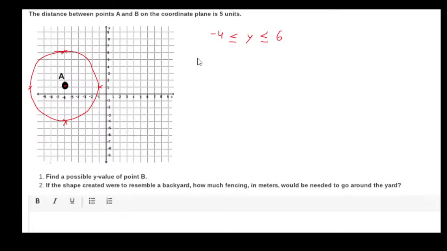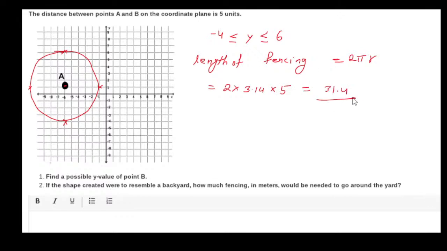So length of fencing will be 2 pi r. So that is 2 times 3.14 times the radius, and here we have taken the radius as 5. So 31.4. Unit.